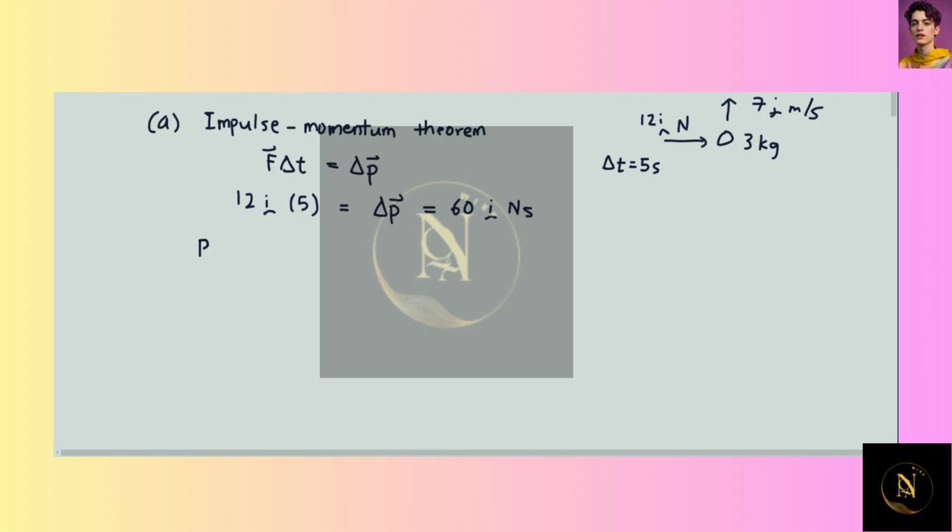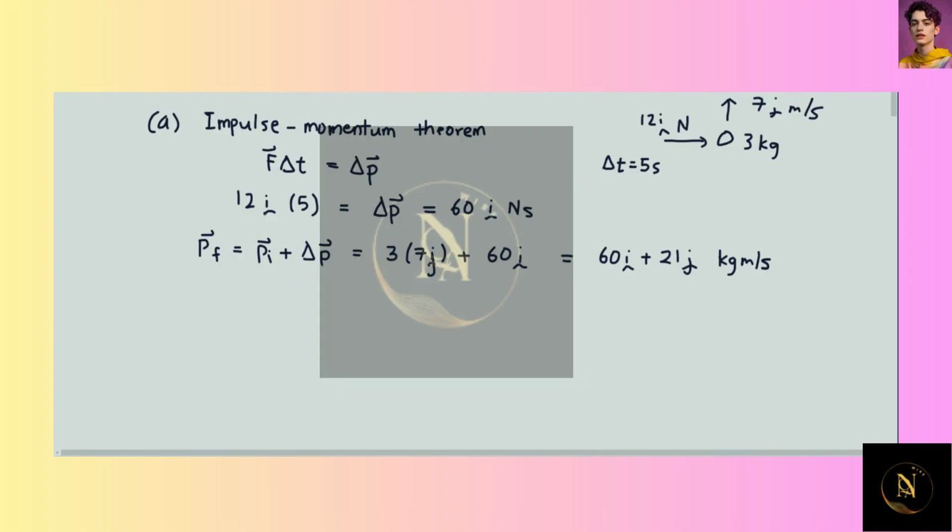So the final momentum of the object is p_f, initial momentum plus delta p. The initial momentum is 3 times 7j, this is the mass, this is the initial velocity, and then the delta p is 60i. So we have 60i plus 21j kg meters per second.